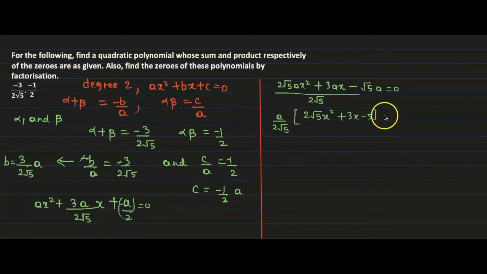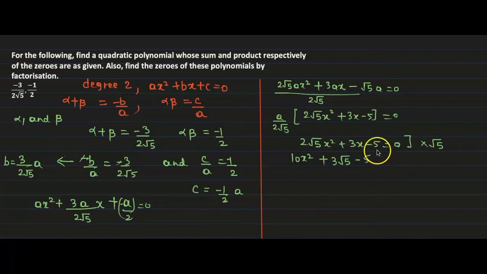If I multiply this over there, the equation comes out to be 2 root 5 x square plus 3x minus 5 equal to 0. Now in order to simplify this, let's multiply the whole equation on the RHS and the LHS by root 5. So this will be 10x square plus 3 root 5 x minus 5 root 5 is equal to 0. It was root 5, right? It was root 5, so it will be 5 only. So this is the equation we got as of now.